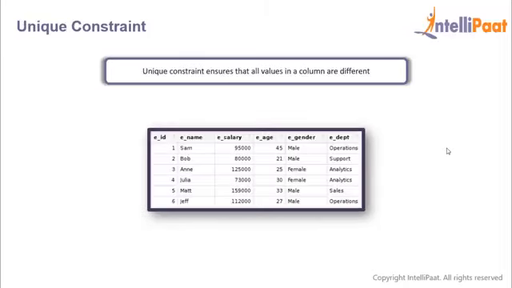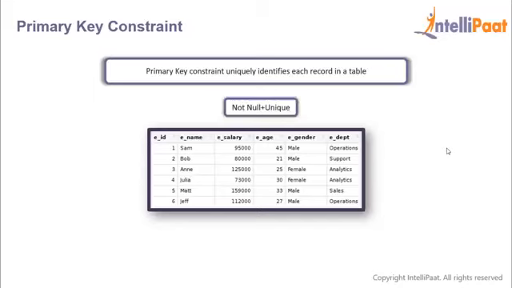Then we have the unique constraint, which ensures that all the values in a column are different. For example, if we assign the unique constraint to this ename column, then every entry of this column should have a unique value. And finally, we have the primary key constraint. The primary key constraint uniquely identifies each record in a table. Or simply put, it is just a combination of the not null constraint and the unique constraint.